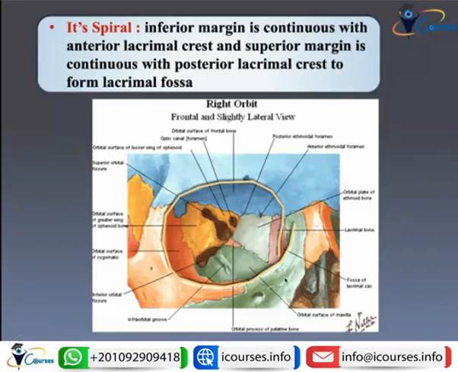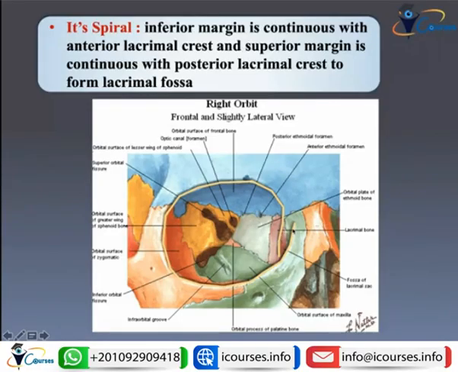And why is this making it a spiral? Because enclosed between the anterior lacrimal crest and the posterior lacrimal crest will be the lacrimal fossa, in which the lacrimal sac will be occupying this area. So the lacrimal sac is situated between the anterior lacrimal crest and the posterior lacrimal crest.